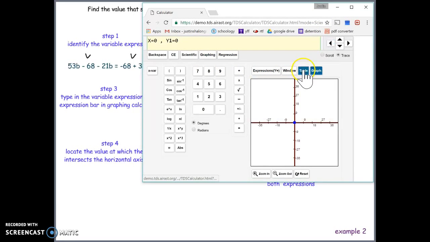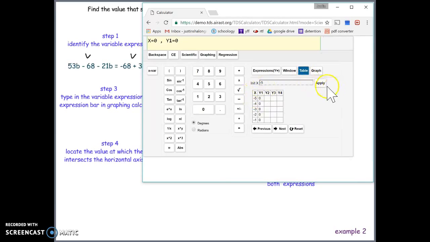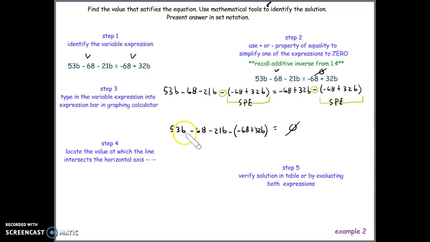But let's verify in the table. So you can see as soon as I hit the table, every x value has a y value of 0. So that means every b value that we plug into our expression is going to simplify to 0. So we can say that b equals all real numbers.